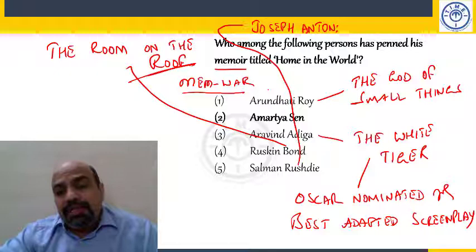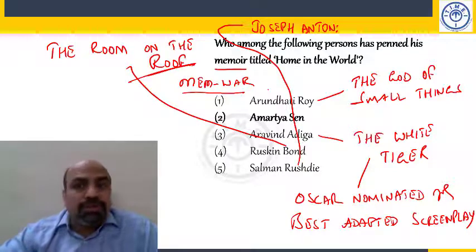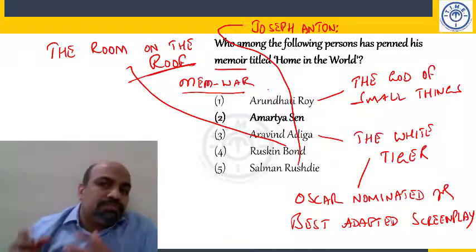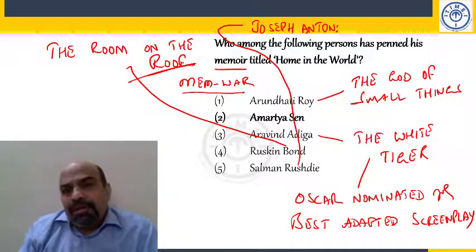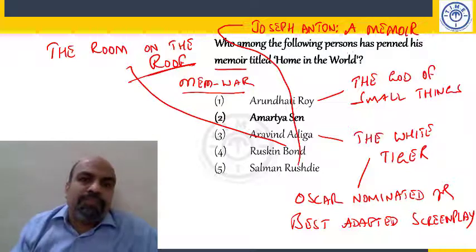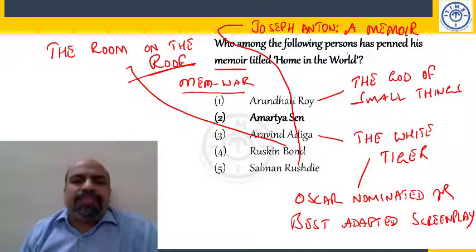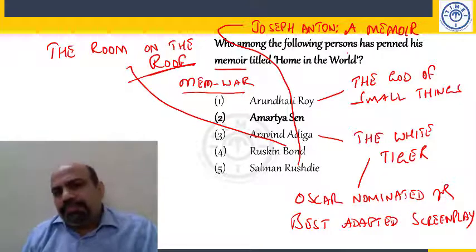At that time he had the name Joseph Anton. The security guys gave him that name, and this memoir tells us about that period in his life. Joseph Anton, a memoir. I have read extensively, and this is where all these things come from.